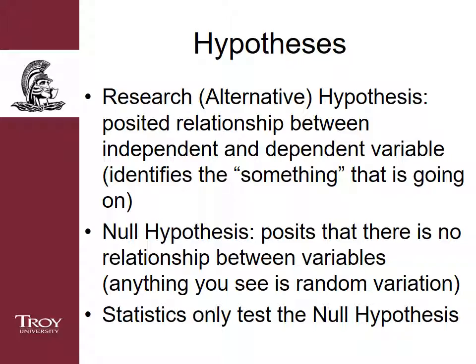The key thing, though, is that statistics only tests the null hypothesis. Right? That's what the math can do for you. It can say, what are the odds that nothing's going on?